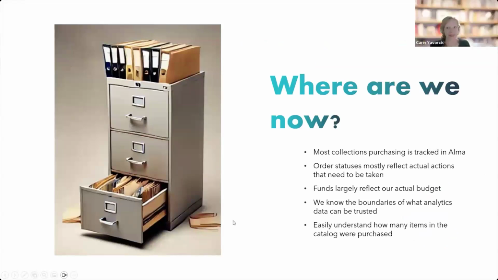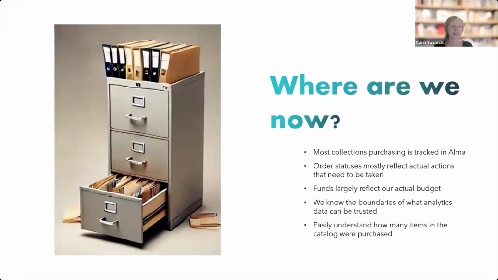All right, so where are we now? So I like this sort of only a little bit messy file cabinet as an example of where we are now. As I mentioned at the top, this is all still very much a work in progress. So we still have some messiness in our data, but especially for going forward data, we're in a lot more clean place in terms of Alma acquisitions.